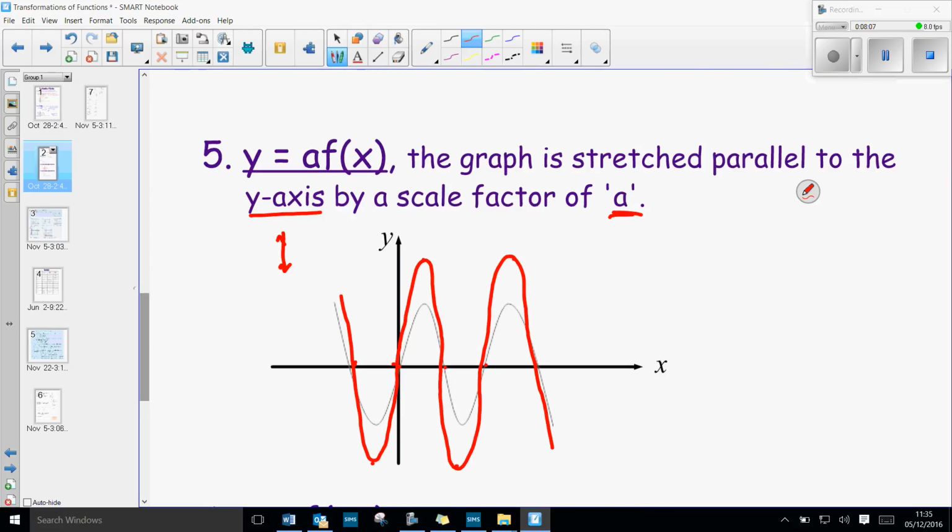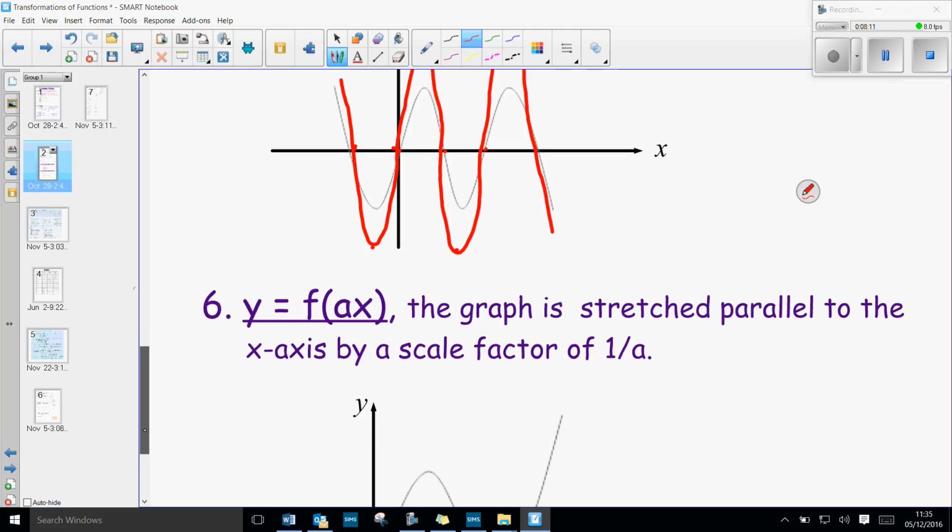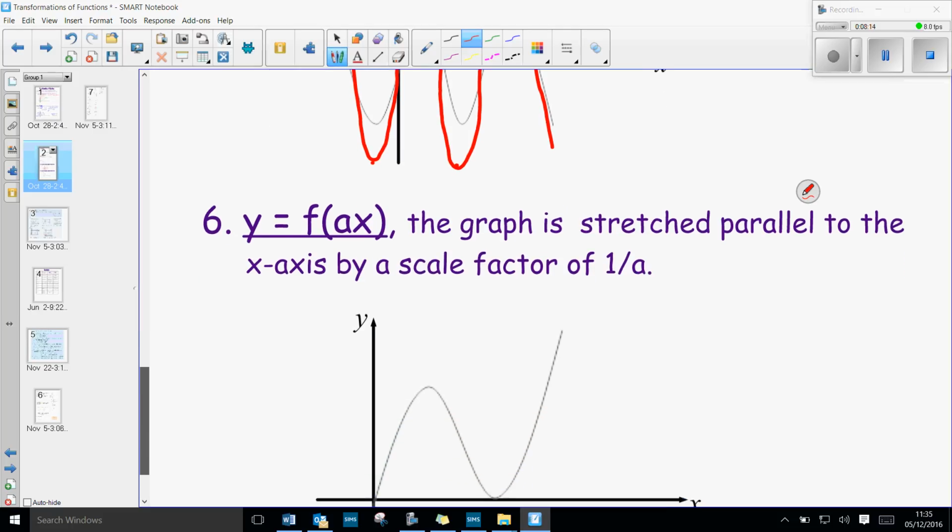As always, what if the number was inside? If the number is inside, then the graph is stretched parallel to the x-axis. So this time it's been squished or lengthened in the horizontal direction. When the number's in front, it's stretched in the y, but when the number's inside, it's actually the horizontal direction.